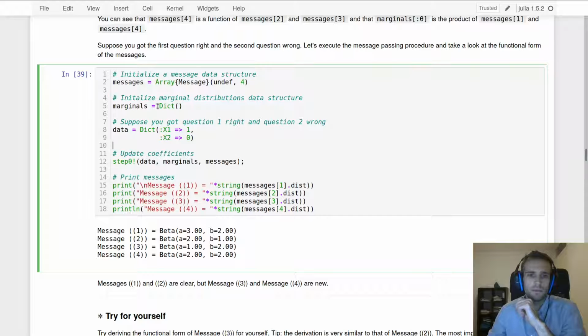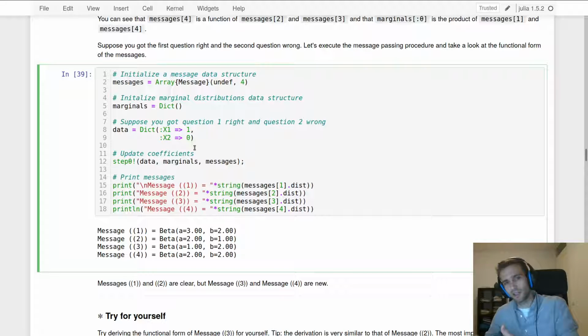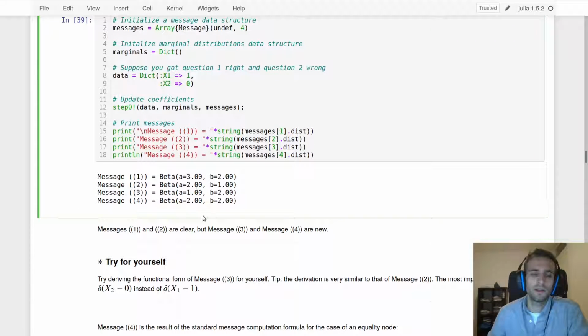So if we inspect these messages, we do that by executing the inference algorithm, populating the marginals and messages data structures. Suppose you got the first question right and the second question wrong, then we get the following messages. The first one is unsurprising, that's the prior. The second one is also unsurprising, that's the same as before.